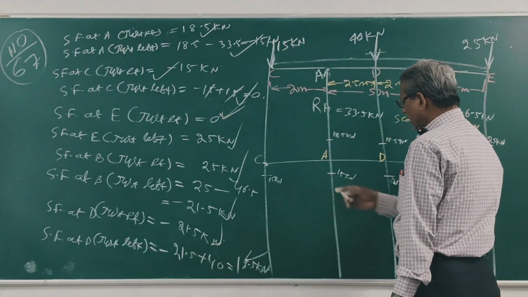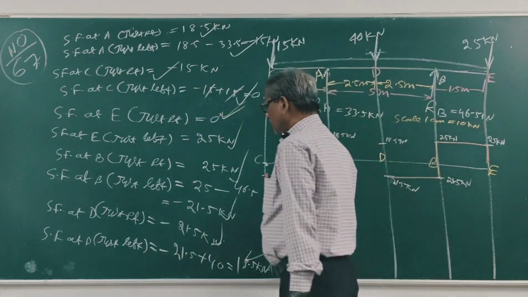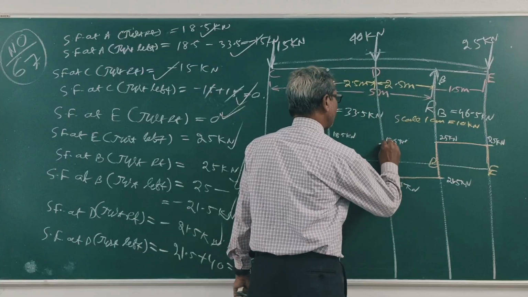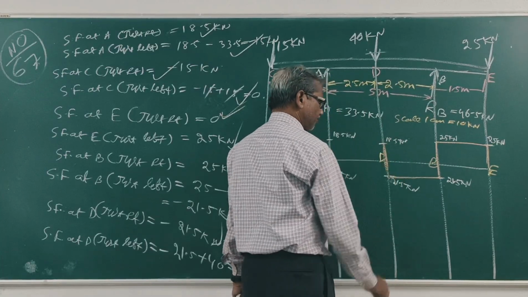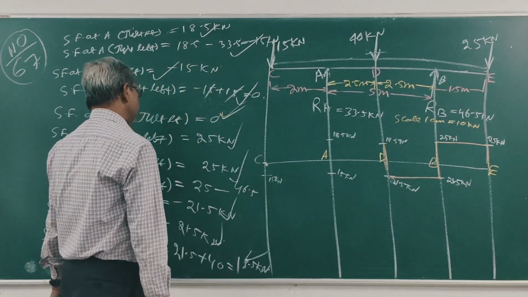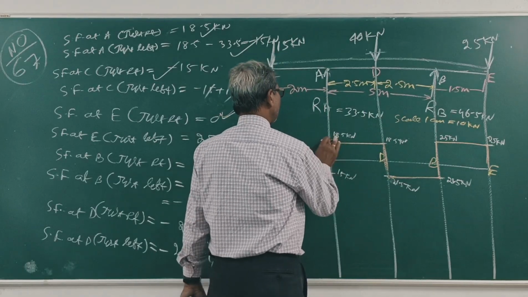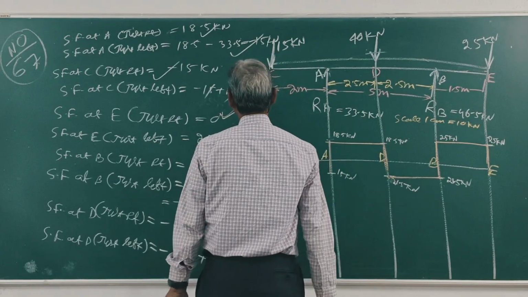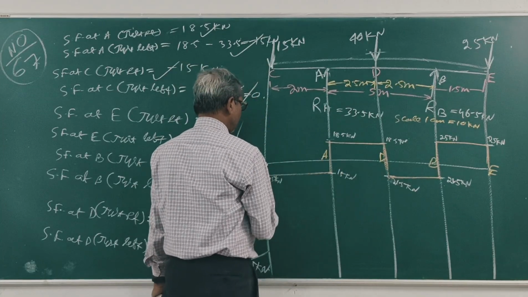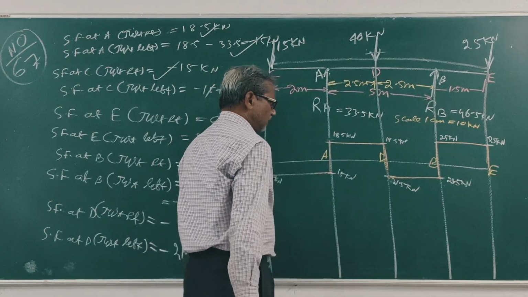D just right minus 21.5, D just left 18.5, A just right 18.5, A just left minus 15, C just right minus 15, C just left 0. Clear? This is the shear force diagram.